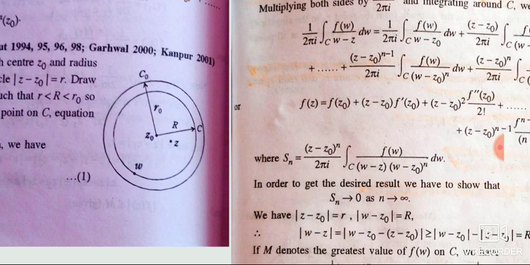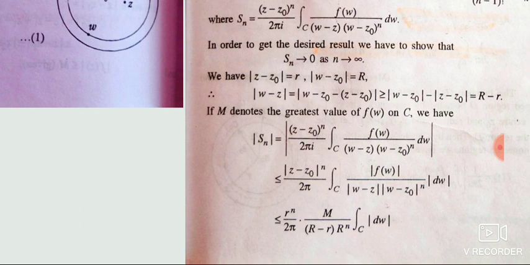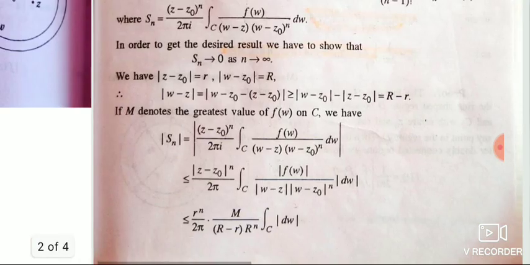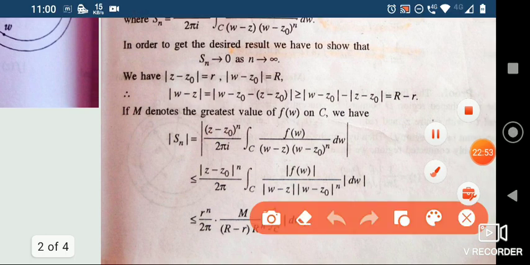So let's say capital M is the maximum value. Then we'll take the modulus of this Sn on both sides.